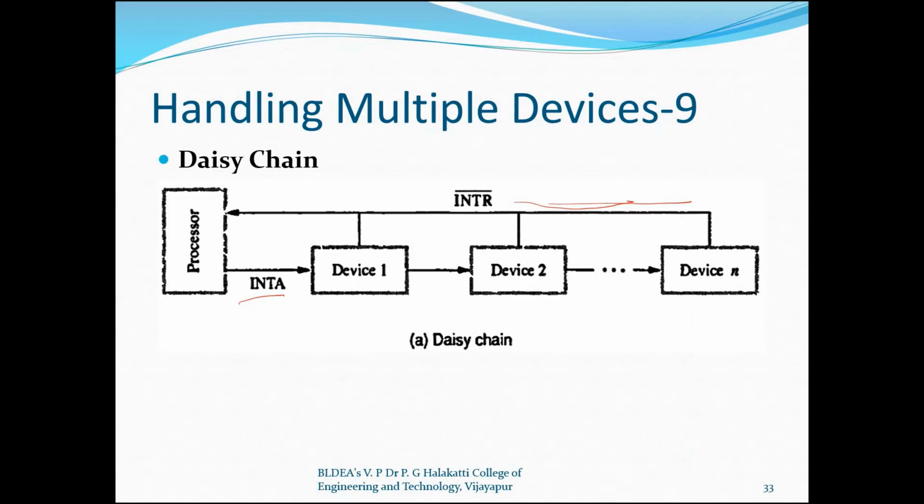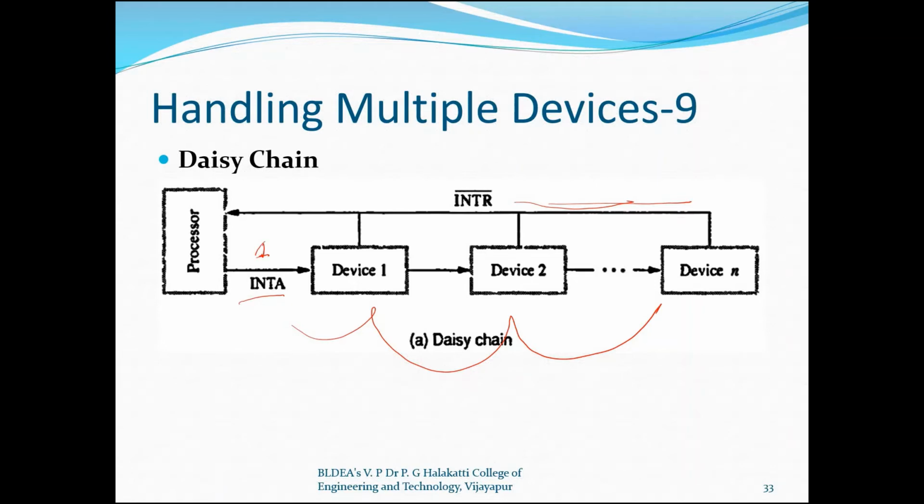Now the INTA signal propagates serially through the devices. Daisy chain in the sense it propagates serially through the devices. Now when several devices raise an interrupt request and the interrupt request line is activated, the processor responds by setting the interrupt request acknowledgement line to 1.